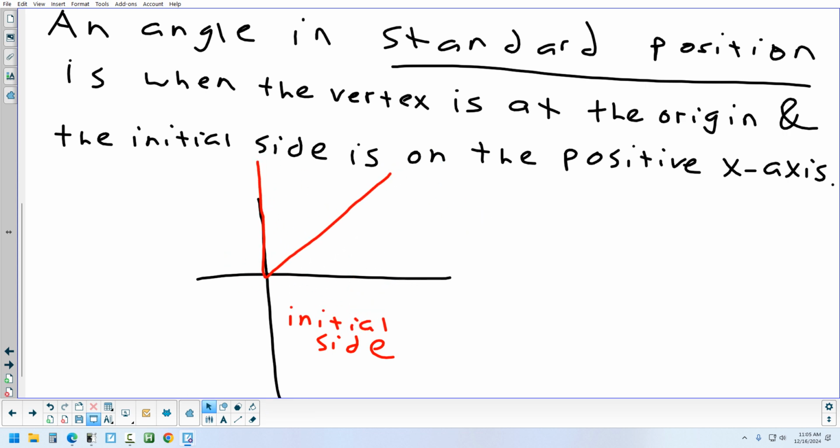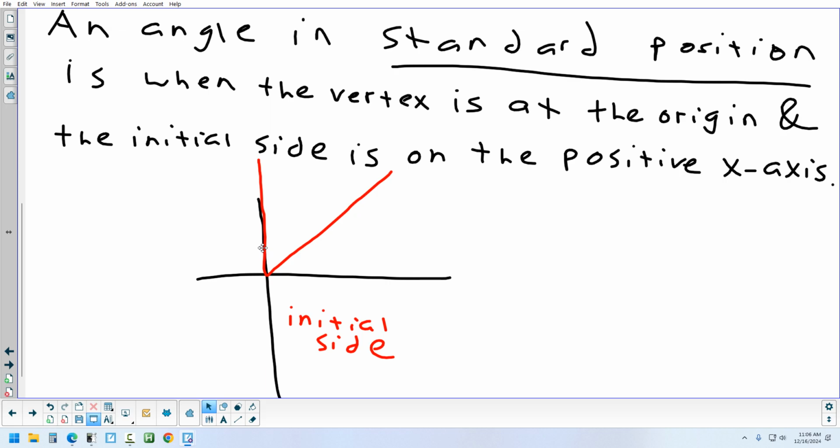How about if I did something like this? Is that standard position? No, what's wrong with it now? Can you be more specific? No. It's not on the positive x-axis.